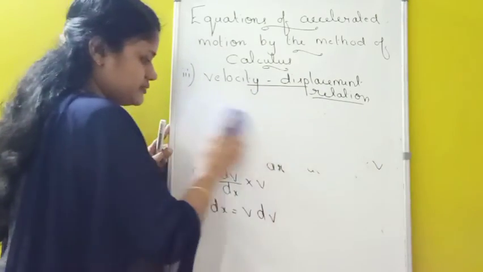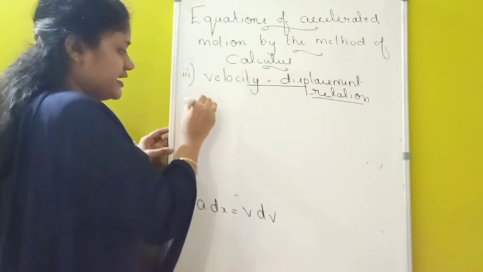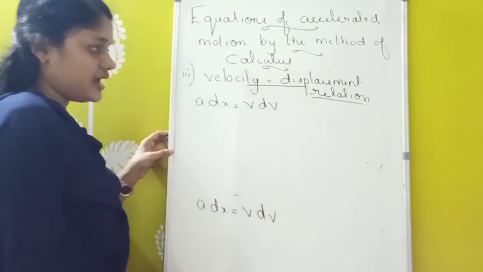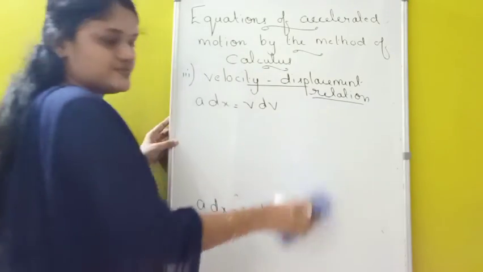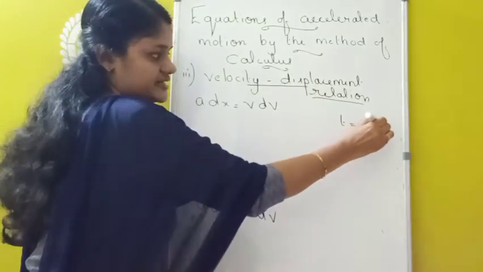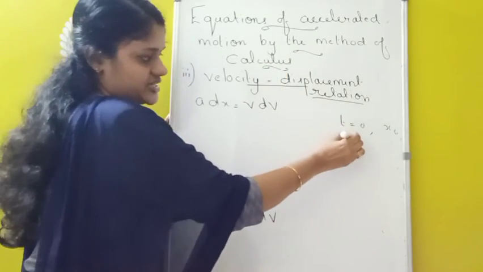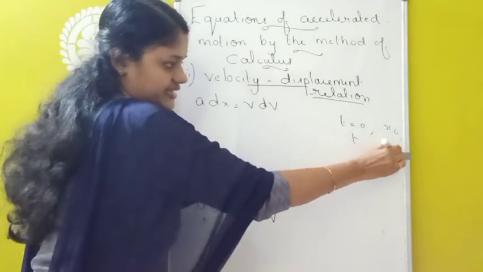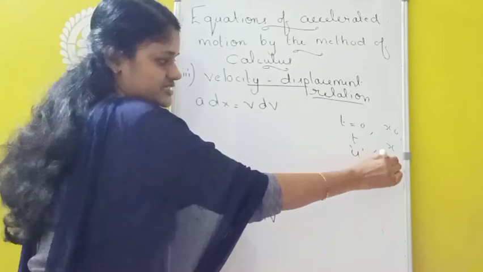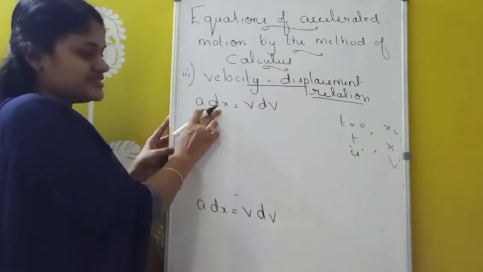The equation here is a dx equals v dv. Let the initial displacement at time t equals 0 be x0, and after a time t the displacement be x. Initial velocity is u, and final velocity is v. Now I am integrating this side. Here dx is the variable.